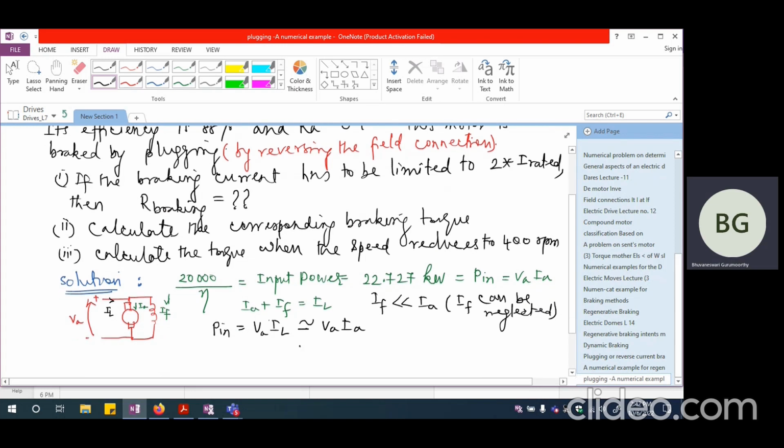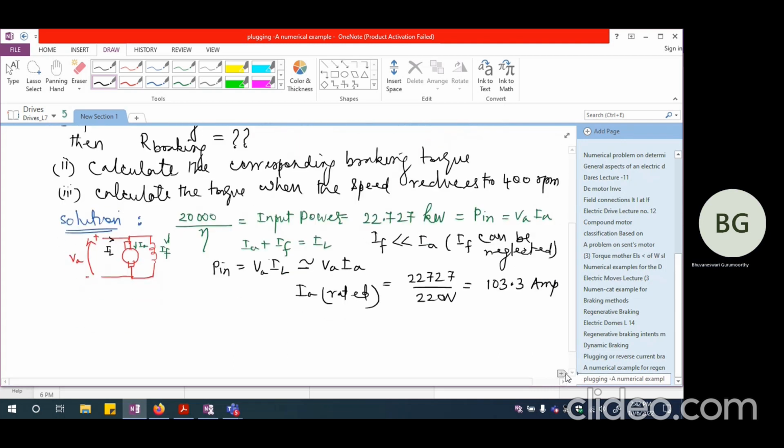So I can calculate IA rated, that is going to be equal to 22,727 divided by 220 volts. That is going to be the IA rated value. So IA rated comes out to be 103.3 ampere.